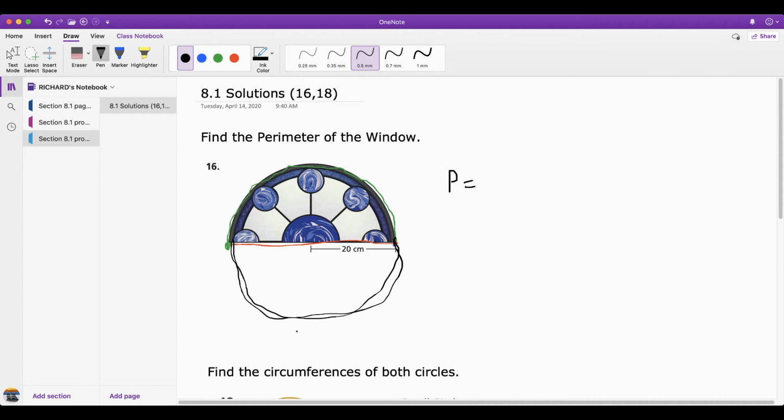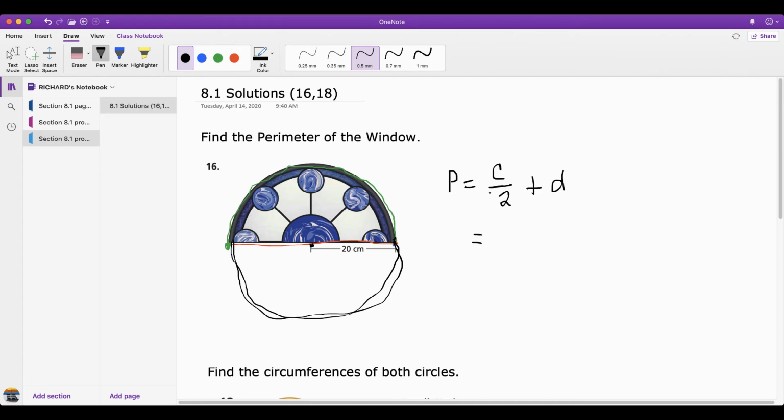But if this was an entire circle, I just want to find, instead of the distance around the entire circle, just the distance around half of a circle. So I need to take the circumference of the circle and divide it by 2. And then I need to add this little piece, the red distance from one side of the circle through the center to the other side, which is the diameter. Okay?